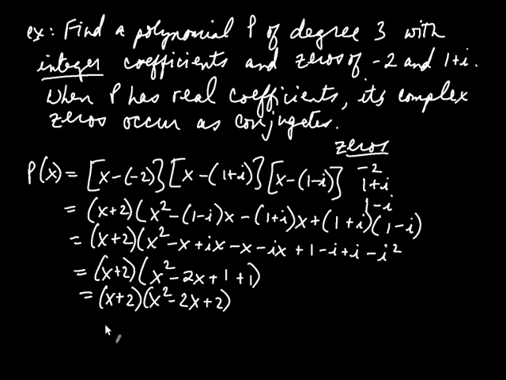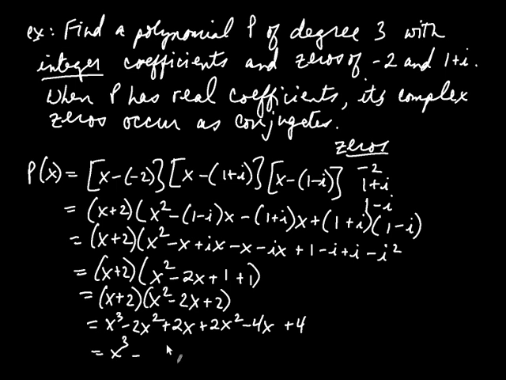And then finally, multiplying those together and distributing, you're going to get x cubed minus 2x squared plus 2x, and then plus 2x squared again. Now I'm distributing this too. Minus 4x plus 4, and then our answer is going to be x cubed.